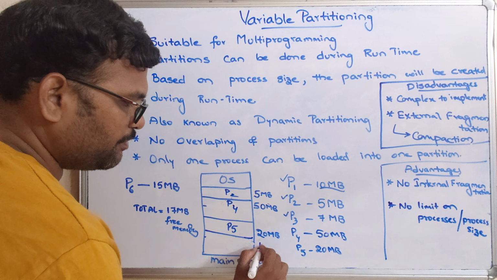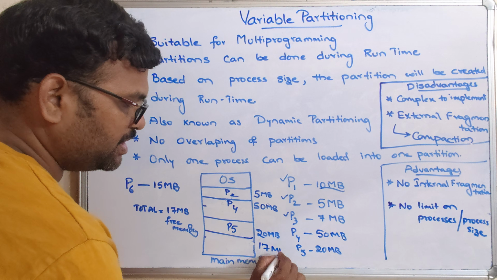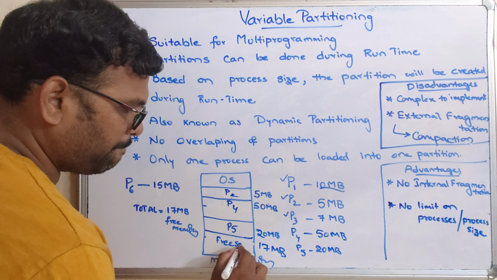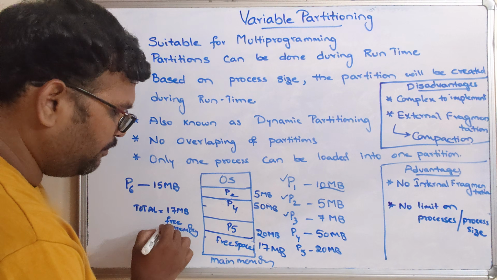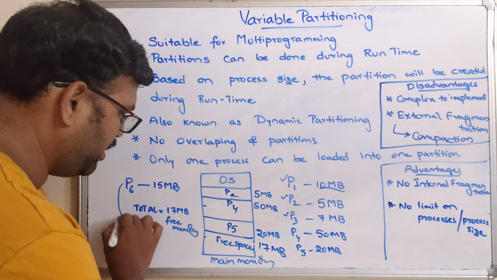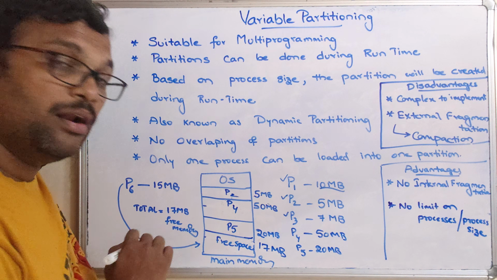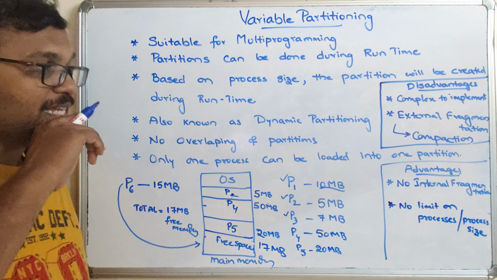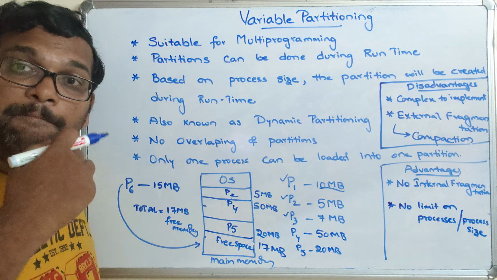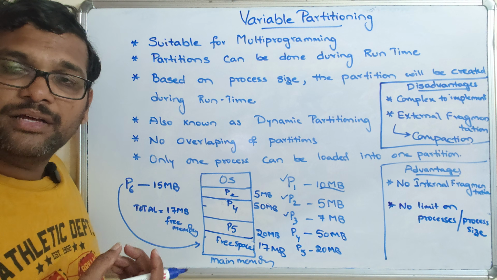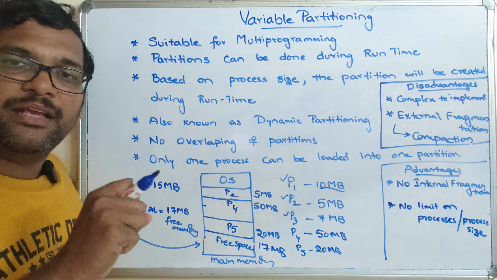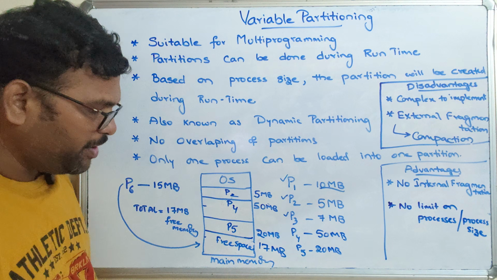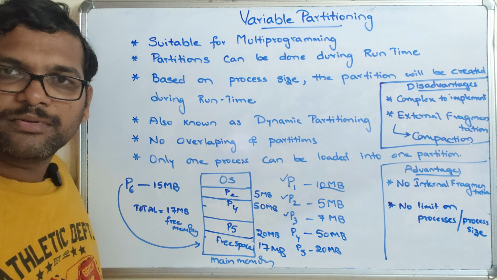What is the free space? 17 MB is the free space. So we can accommodate this P6 into this free space. This process we call compaction: combining the free partitions into one free space to accommodate one more process.